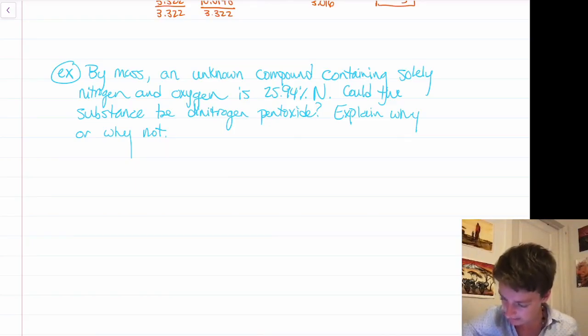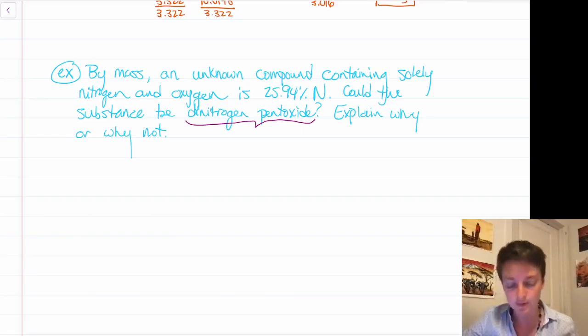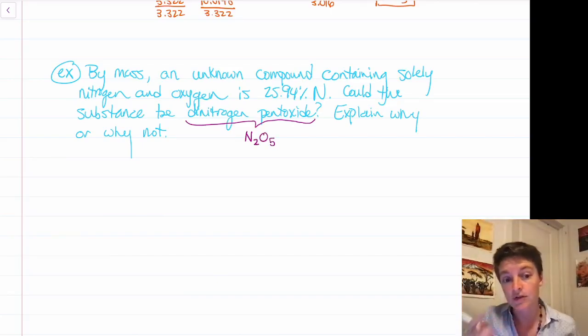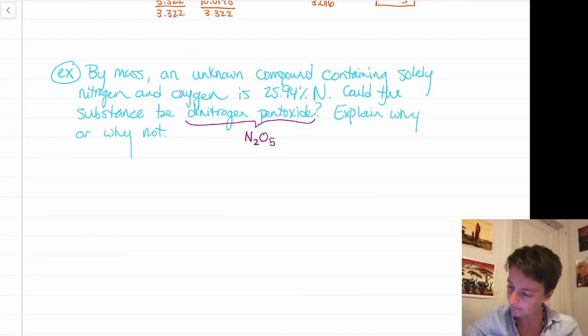So first things first, hopefully we're starting to get comfortable with our chapter 2 nomenclature, and we're able to identify that dinitrogen pentoxide is N2O5. And so that's the molecular formula for this molecule that we're going to ultimately be comparing to.